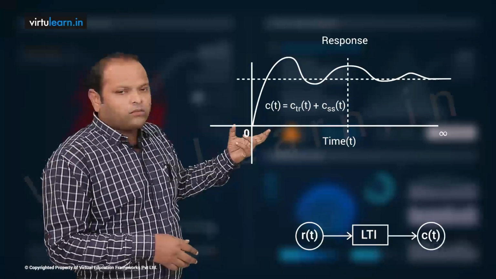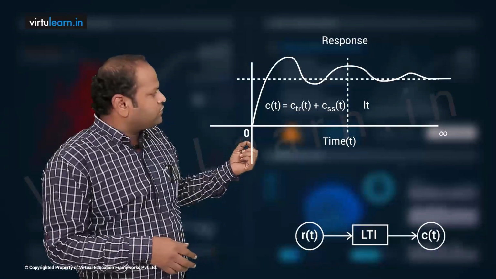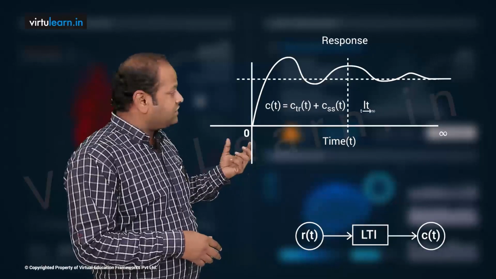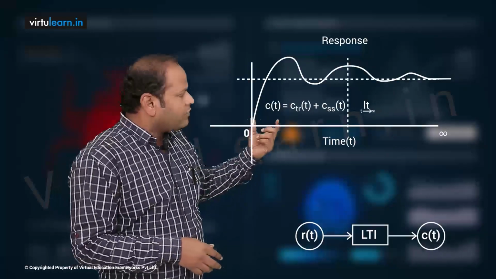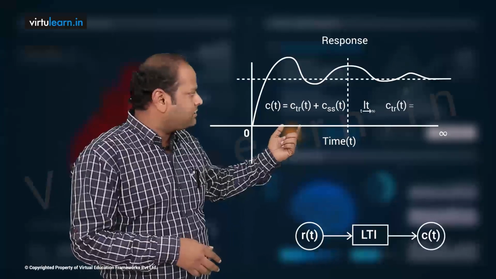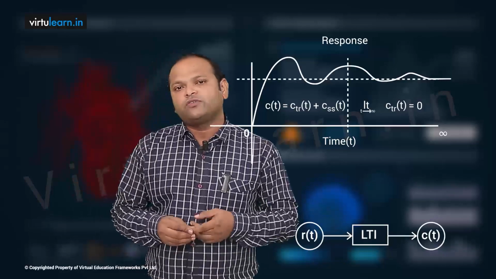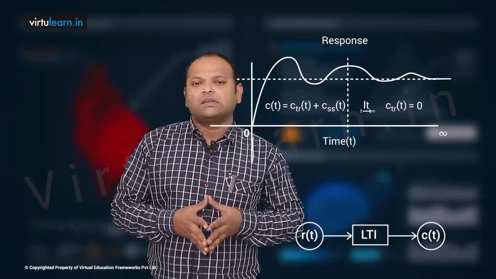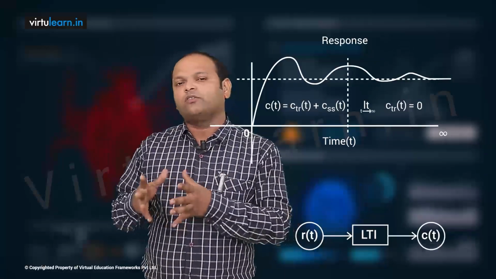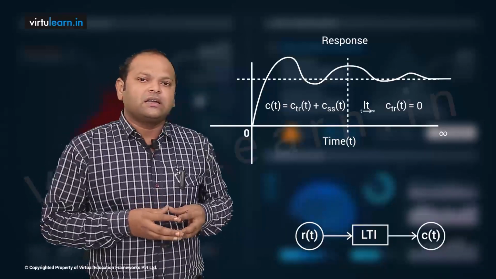Let us say limit t tends to infinity. As t tends to infinity, your C_tr of t is going to be 0. That means your transient response will exist only for a certain amount of time, and after that we will get only the steady state response.